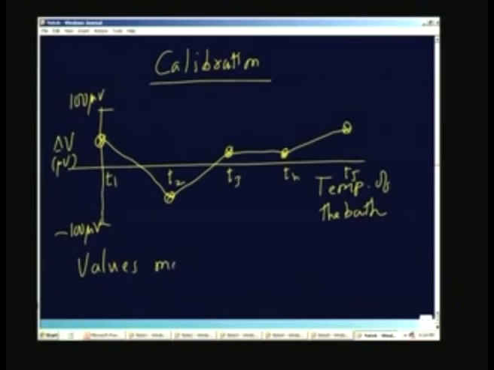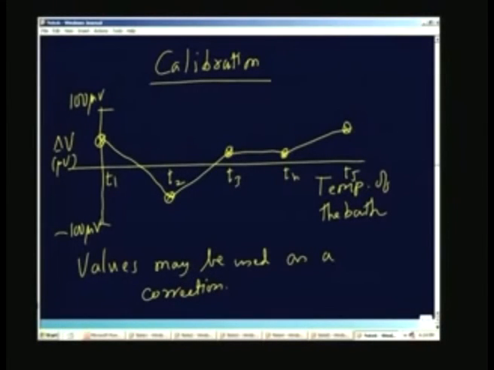What do you mean by correction? I am going to use the standard reference table that is there already. The table gives you some value. In that table, whatever value you get, you add or subtract the value shown here and go back to the table and find out what is the temperature.